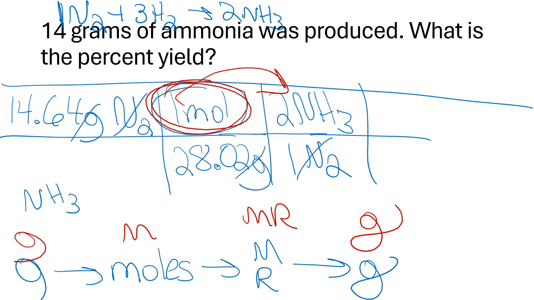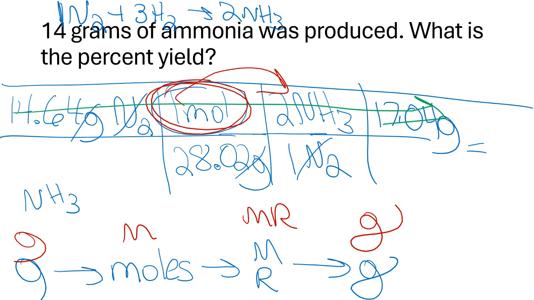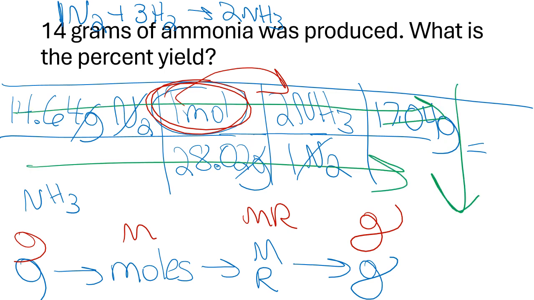NH3, nitrogen is 14.01, hydrogen is 1.01, so therefore NH3 is going to be 17.04 grams. Multiply these across like that and essentially divide them, and you are going to get 17.8 grams of NH3.